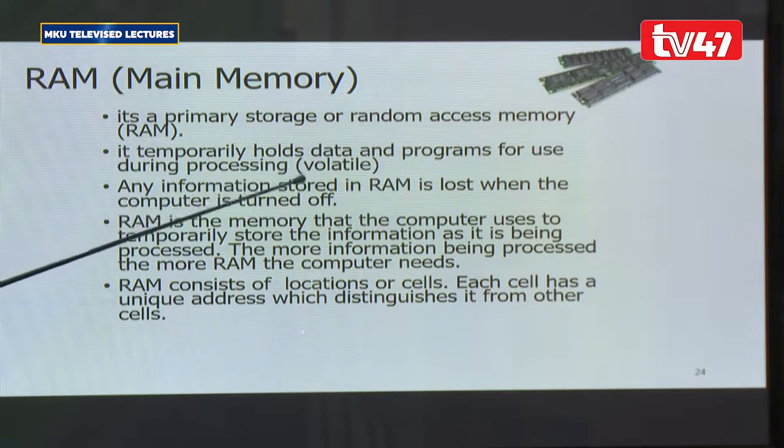Remember, we've talked about this: the memory is volatile. What do we mean by volatile? It can be erased once the power goes off, or in case you close the application, the data goes. Any information stored in the random access memory is lost when the computer is turned off.